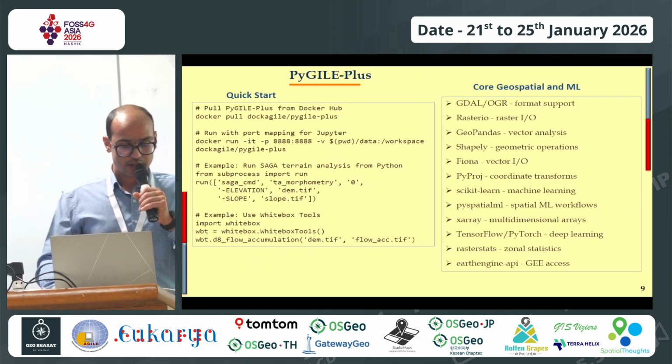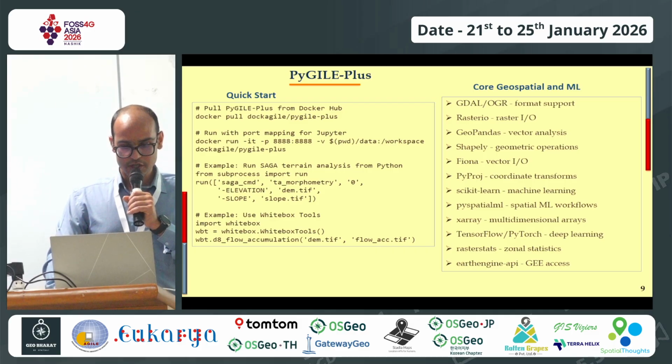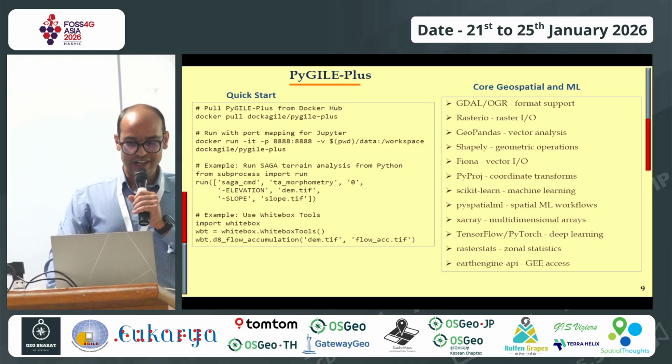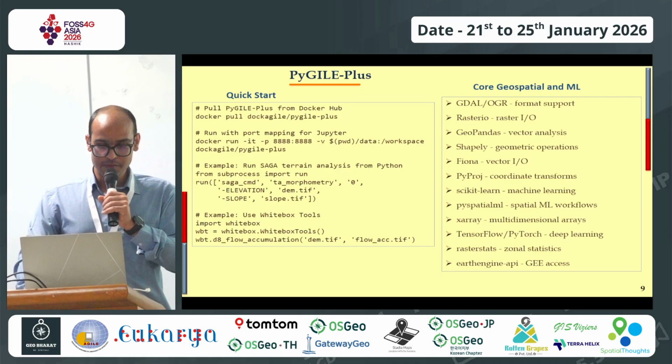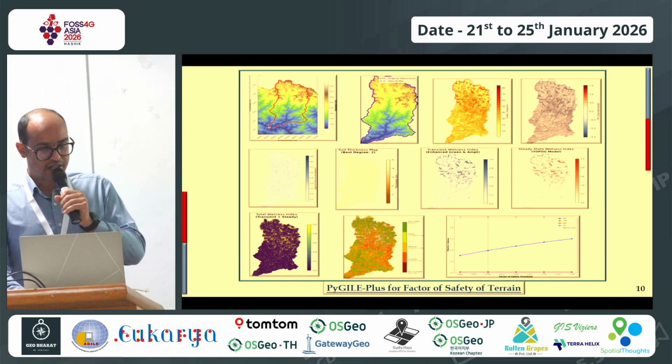So this is just an example of how we can start. And these are some core geospatial packages. I believe the majority of the geospatial packages are already here, including the GISs.